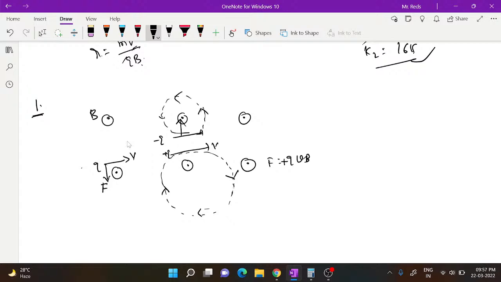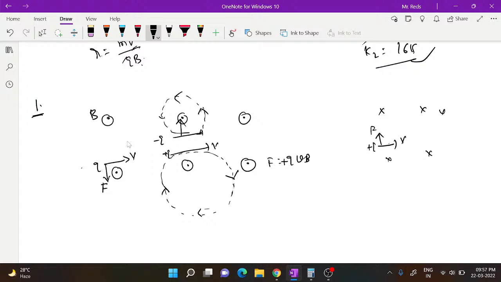Now say this is an inward uniform field. First, let us say a positive charge plus Q enters. This is V, B is into the page, V cross B, so force will be upwards.